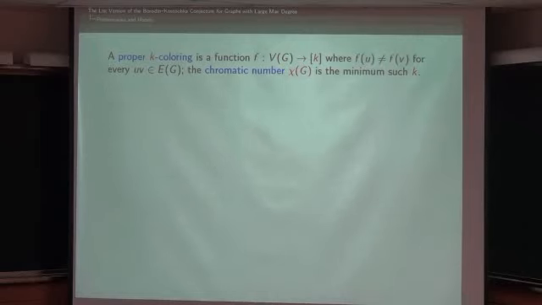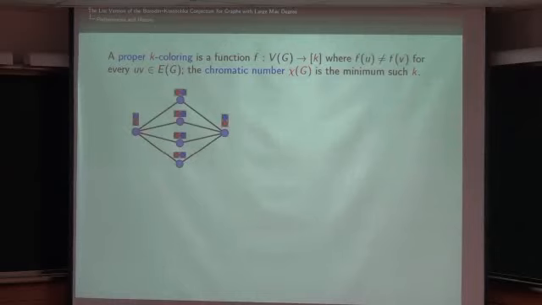And the minimum such K is called the chromatic number. So if you look at this graph, this is just K_{2,4}. At every vertex, you have 2 colors available, which are red and blue. And this will be a proper coloring, right? Because every edge is incident to 1 red vertex and 1 blue vertex.